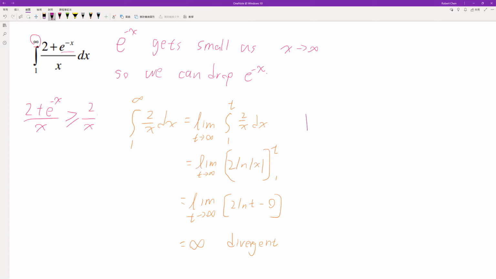So we can say that by direct comparison test, the integral 1 to infinity of 2 plus e to the negative x over x is divergent. Okay, and in this case, since it's divergent, we know that it goes to infinity.